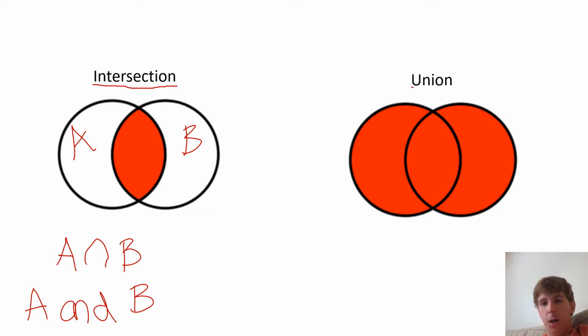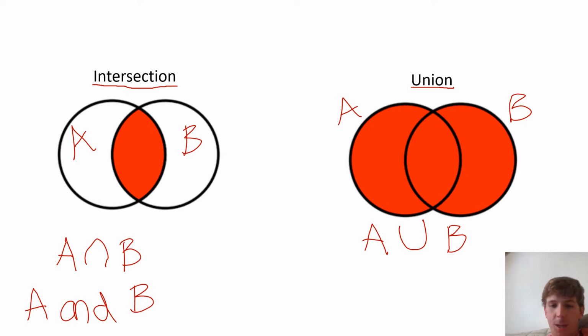This other thing we call a union. The symbol we denote that with, if we have these two sets A and B, is A union B. It's denoted with a big U, and in English it's A or B. That basically includes the entire inner part of the Venn diagram, because people that are just A are included, people that have A and B, and people that are in just B. So intersection, the upside down U, means A and B, the overlap.